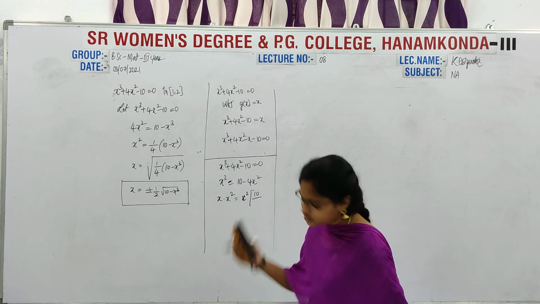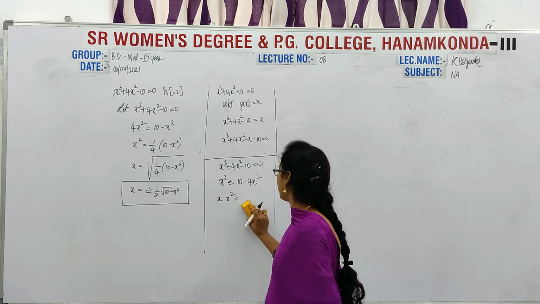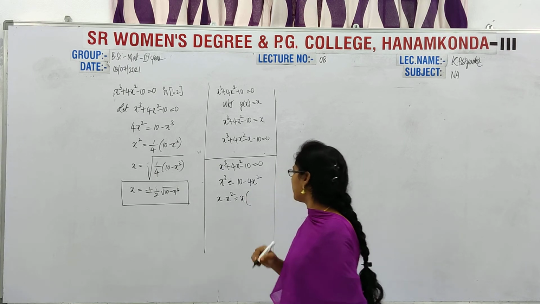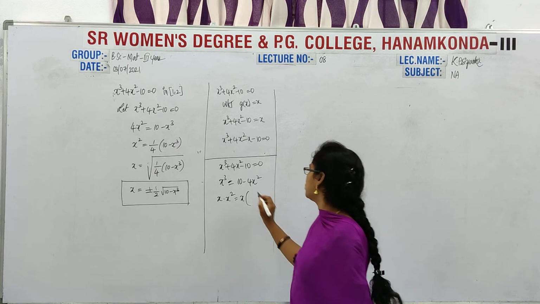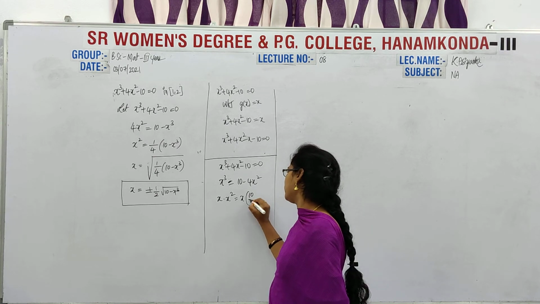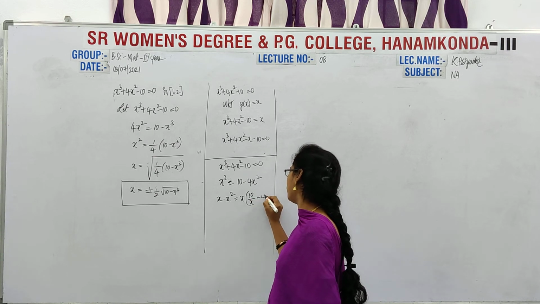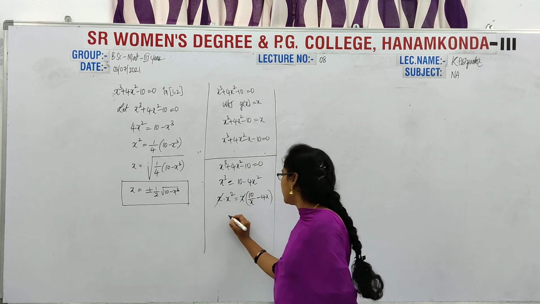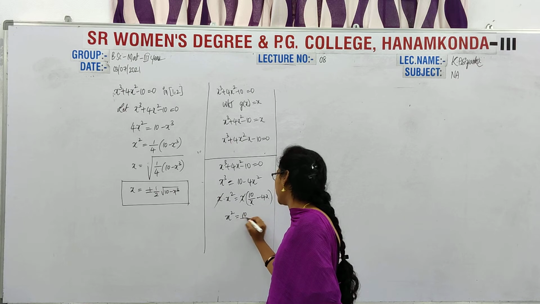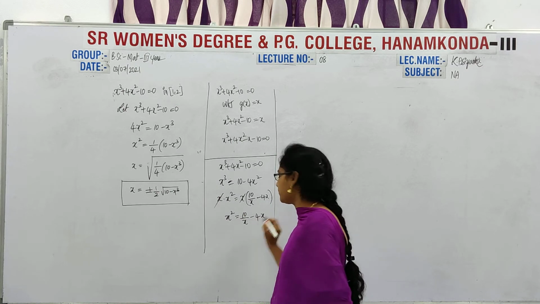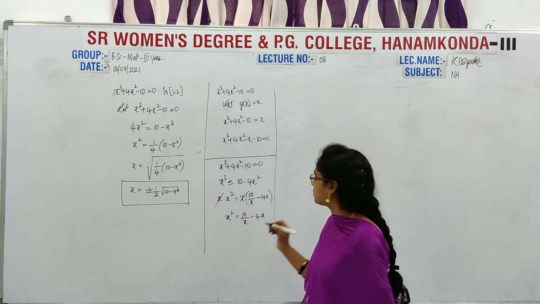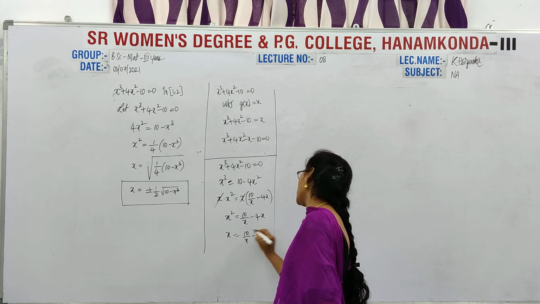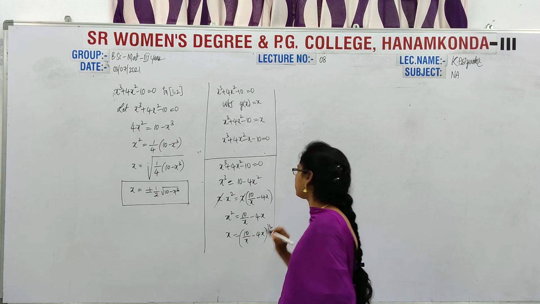Actually they are taking that x square value. Okay, no problem. So now here I am taking that x common. We have number of ways, so that's why I am taking in order only. So now when I am taking x common, then we will get 10 by x minus 4x. Okay, and this x will be cancelled. Now what we have, x square equal to 10 by x minus 4x. And still we can write it as nothing but simply x is equal to 10 by x minus 4x whole to the power of 1 by 2.